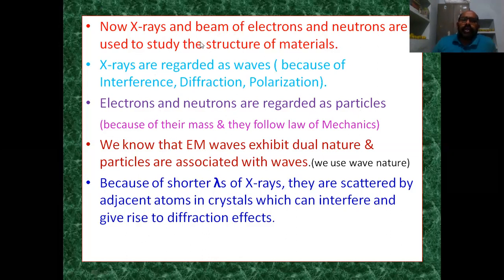So when we compare the three beams, X-ray beam, electron beam, and neutron beam, we came to one idea that X-rays are waves. Then there is the question of what is the nature of the electron beam and neutron beam. Obviously electrons and neutrons possess some mass and they follow the laws of mechanics. So those electrons and neutrons are regarded as particles.